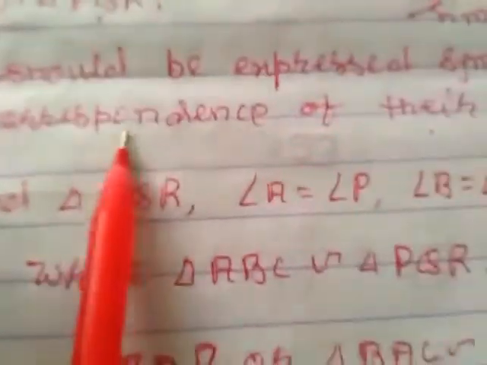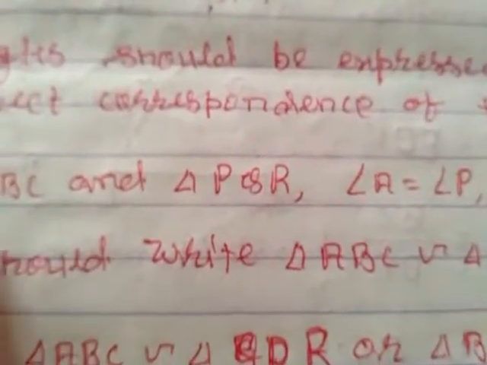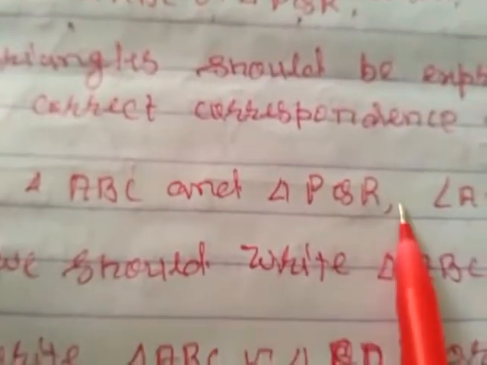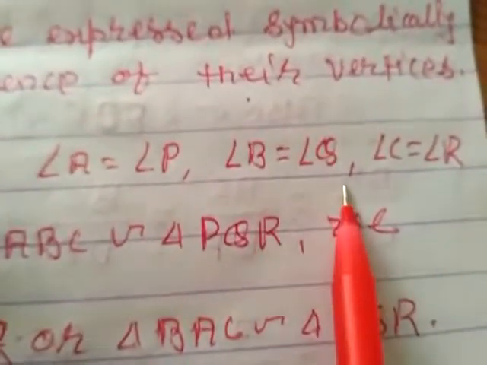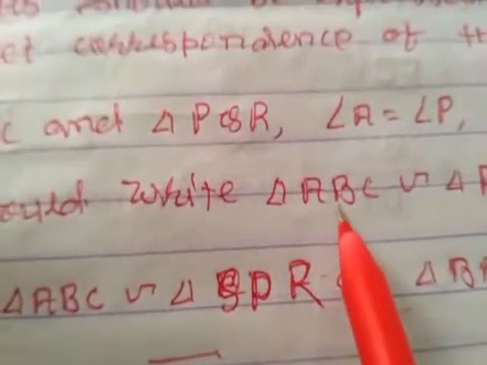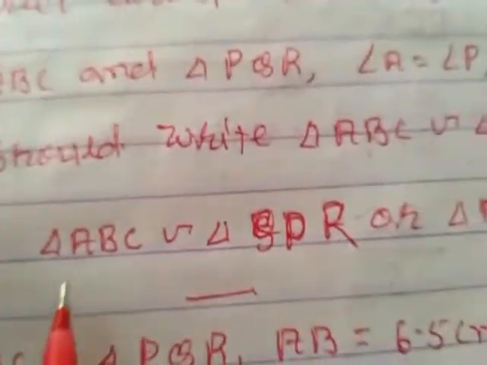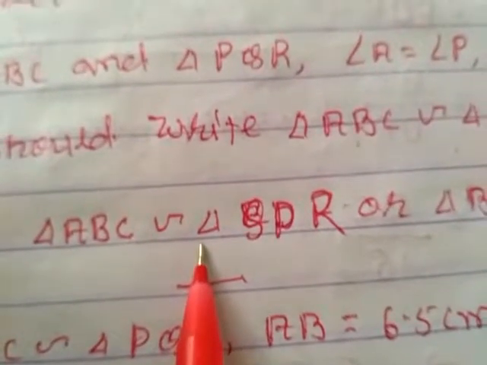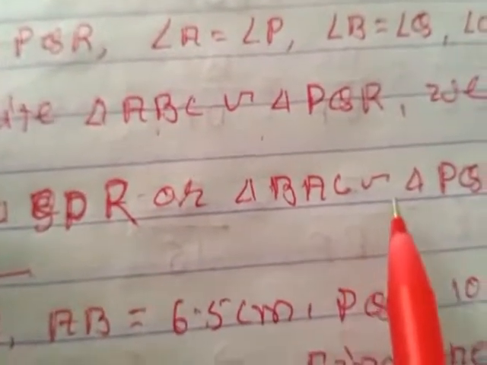As for example, in this figure, triangle ABC and triangle PQR, we have angle A equals angle P, angle B equals angle Q, and angle C equals angle R. Then we should write triangle ABC is similar to triangle PQR, but we cannot write triangle ABC is similar to triangle QPR or triangle BAC similar to triangle PQR, because their angles or their sides are not in correspondence.